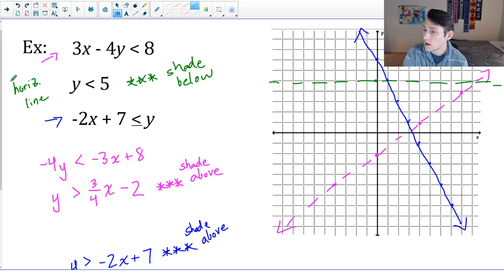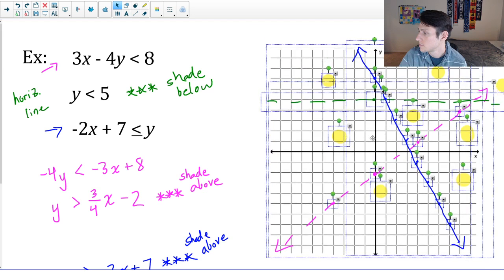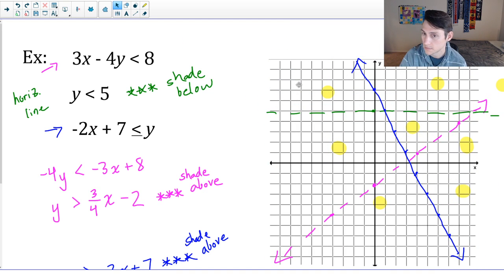And now I'm going to think about all my options. 3, 4, 5, 6, 7, 8. 8 different options. Shift down a little. All right, that one off to the side is kind of hard to see, but it is still an option.